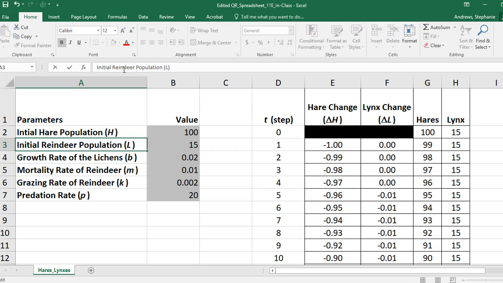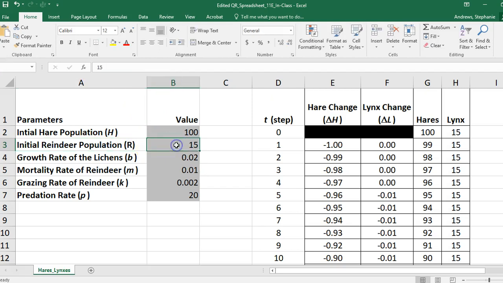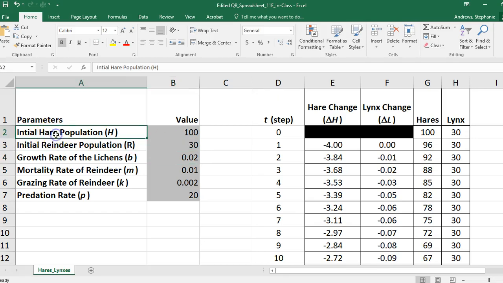And it asks us in the question that we let the initial reindeer, and they want us to call it R, that we let that be 30. The next part is to let the amount of lichens, and that would be similar to the prey, to let them be L, and that we have about 200.